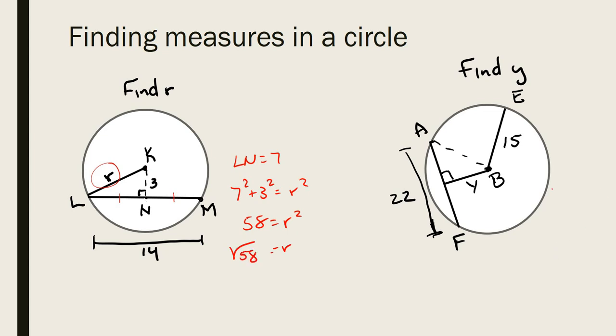See what you can do with this one on your own. We're looking for the distance from B to the chord. Okay, again, this was perpendicular, therefore these two pieces have to be equal. This is a radius, this is also a radius, so that must be 15. So I've got 11 squared plus y squared equals 15 squared. 15 squared is 225.